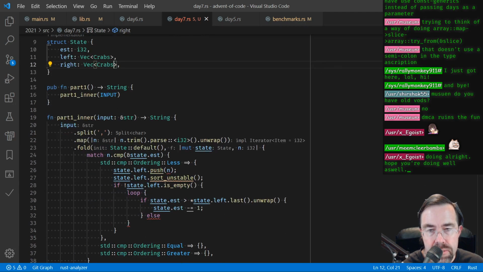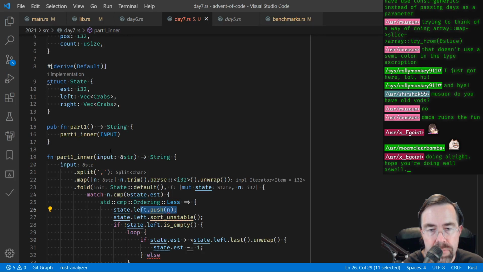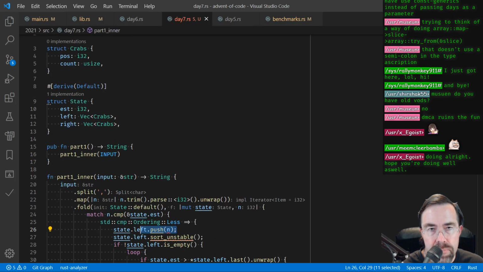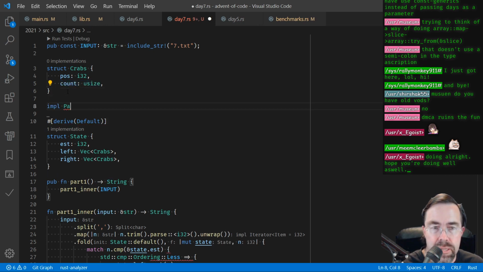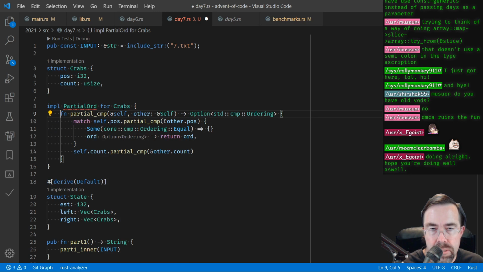So then we don't just push n. We have to see if the position already is in there, and if so, we just increment the count. Otherwise, we add it to the end, and the way we sort it is based off of its position, so I need to implement PartialOrd for Crabs. Partial comparison.